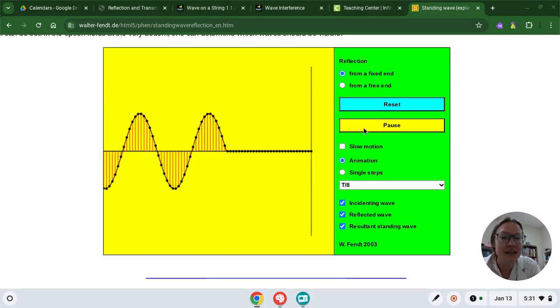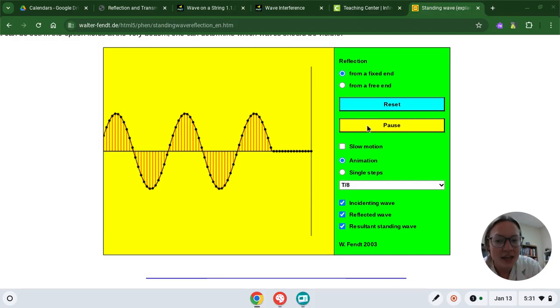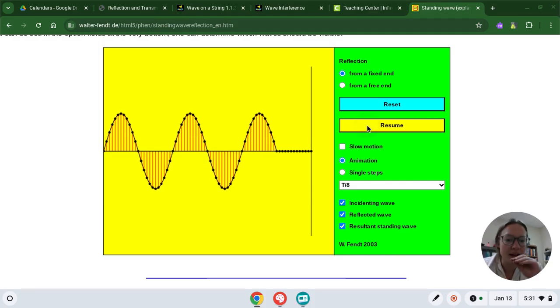This, you can see, is a fixed end, so it's going to reflect back inverted. What happens with a standing wave is that you get a wave that interferes with its own reflected wave. So you're going to see this red wave right here is the incident wave. It's going to get to here, then its reflection is going to start traveling back the other direction.